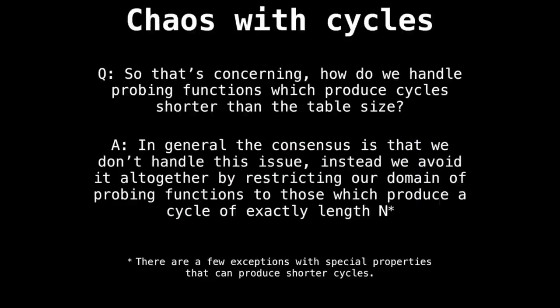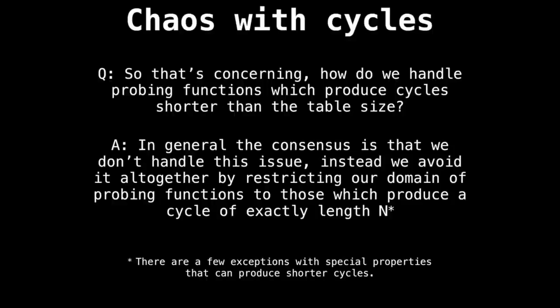So that's quite concerning because not all probing functions are viable. They produce cycles which are shorter than the table size. How do we handle this? In general, the consensus is that we don't handle this issue. Instead, we try to avoid it altogether by restricting the domain of probing functions that we choose to be those which produce a cycle of exactly length n.